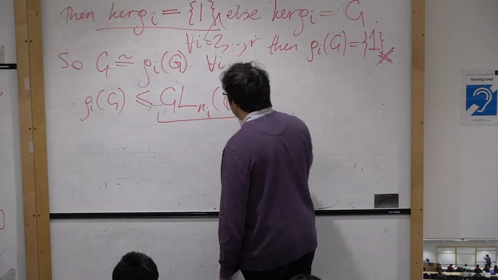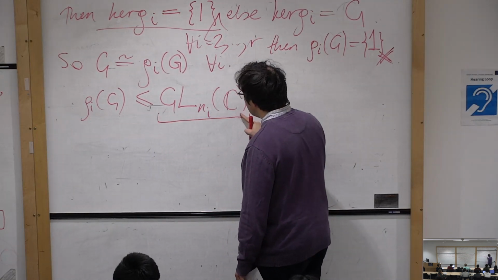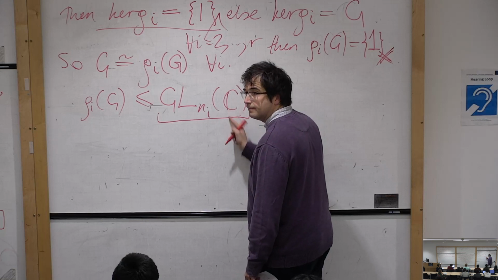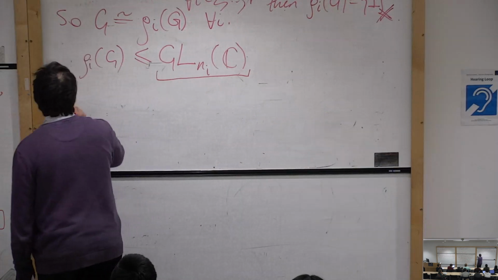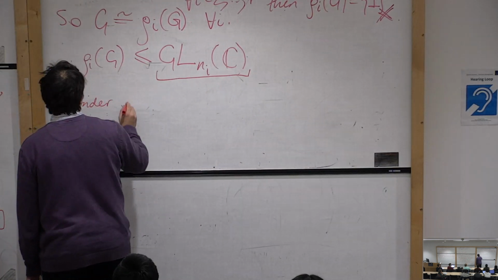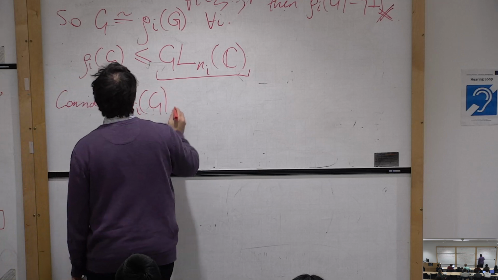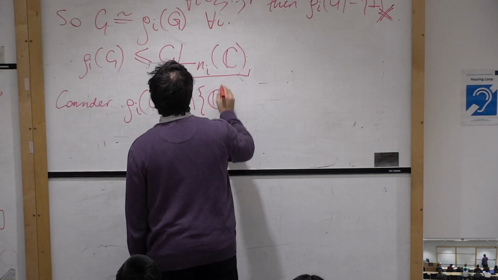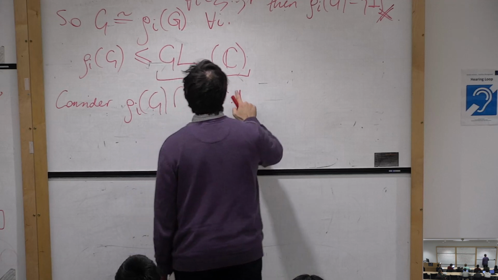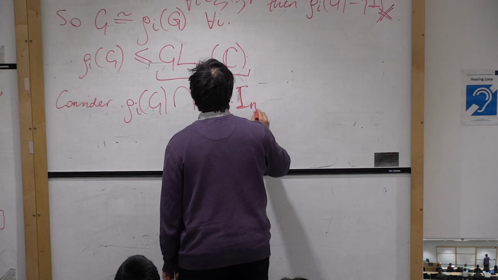And this group is not a simple group, it's an infinite group which has a center. The scalar matrices are in there. So we consider rho I of G intersect the scalars, C cross times the identity matrix.